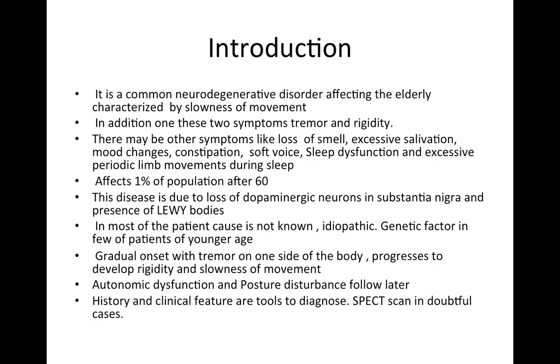Well, this is one of the most important diseases, that is Parkinson disease, which is diagnosed mainly based on history and clinical features. Diagnostic workup gives little information for the diagnosis of this particular disease. SPECT scan is done in doubtful cases.